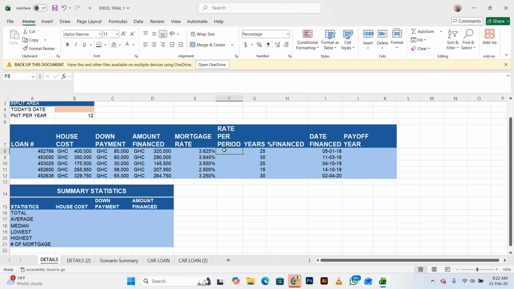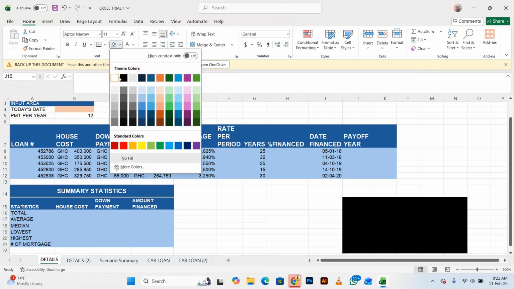So now we are coming to insert the formula here to automatically generate the rate per period. The rate per period is the total rate over the number of periods. Do you understand?